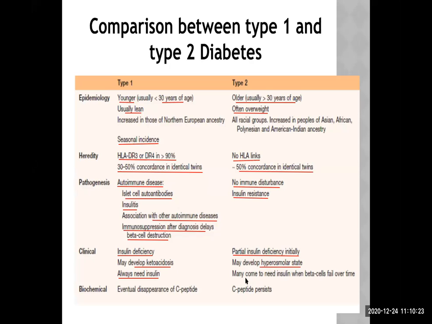And it may come to need insulin when beta cells fail over time. Though the term is NIDDM, non-insulin dependent diabetes mellitus, that is a misnomer because of this reason. Because later on, those beta cells fail to produce insulin, and the patient needs insulin by that time. But in the beginning, they are still working, remember that. So we don't give insulin in the treatment of type 2 diabetes in the beginning.